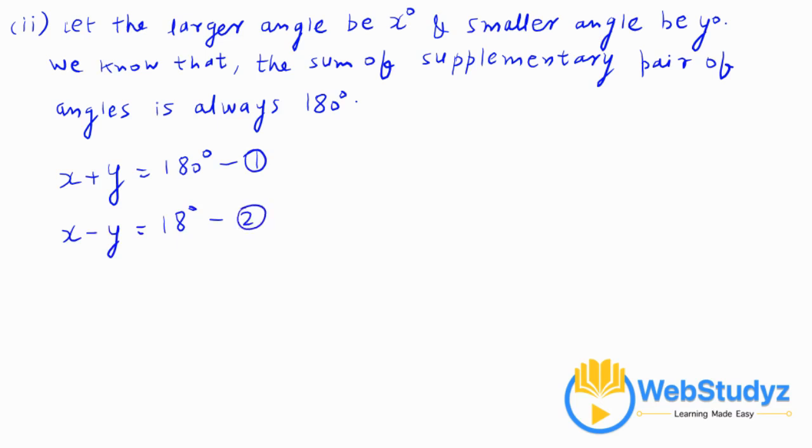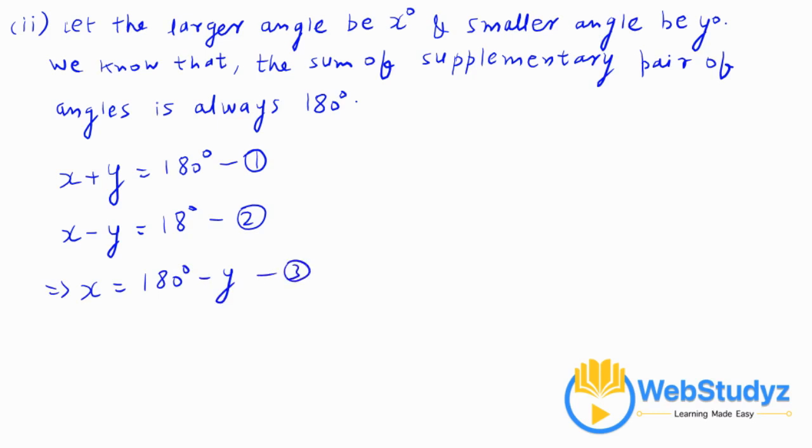So from first we get x equals 180 degree minus y. This is our third equation.